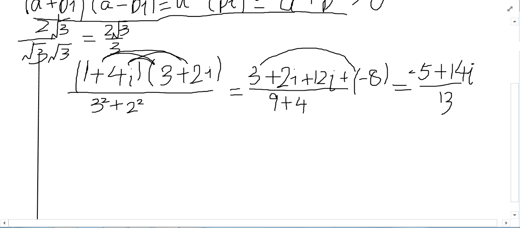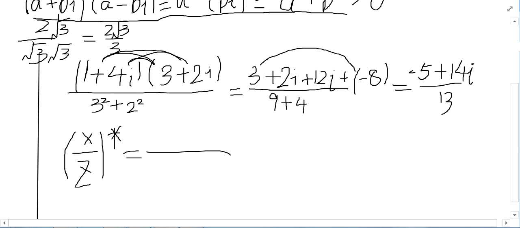Now, if we relate the division of complex numbers to the complex conjugate, we get a rule. If we divide one complex number by another and then complex conjugate the result, it is the same as first complex conjugating the two complex numbers and then dividing them.